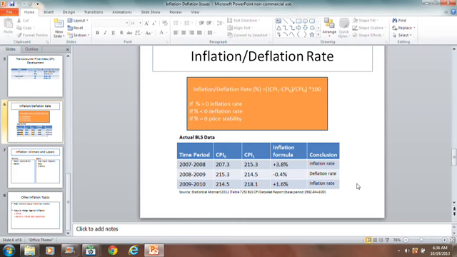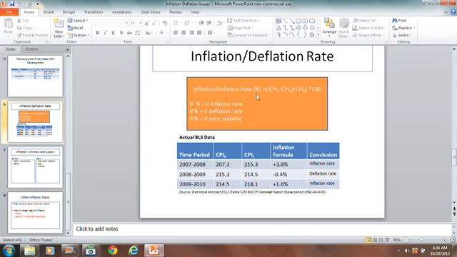And the way you can calculate the inflation rate or deflation rate is you would take CPIs for the period you're studying, and you express the CPI differences in percentage terms. And there's a little formula that says take CPI 1 minus CPI 0 and then divide that by CPI 0 and multiply it times 100.